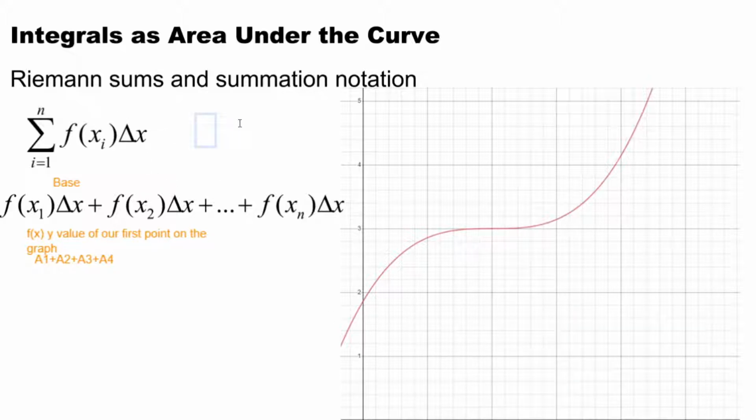So one way that you can find the base length is: base length equals total interval divided by number of intervals.